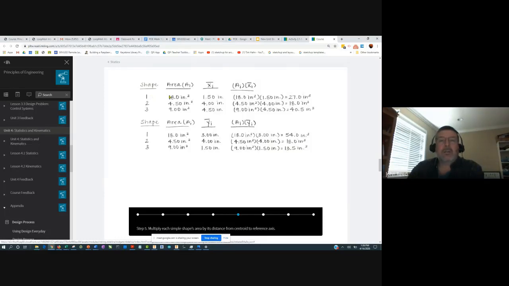So for shape one, we know the area, we calculated that. We know its centroid component, it's 1.5, and then the product of those is 27 inches cubed. And then we had the areas here. Oh, this is the y values, so the areas are the same. And so these are all the individual components of the numerator that we're going to sum up.